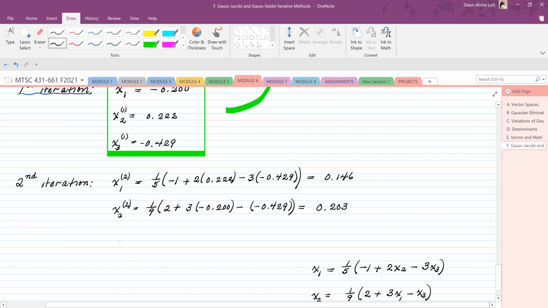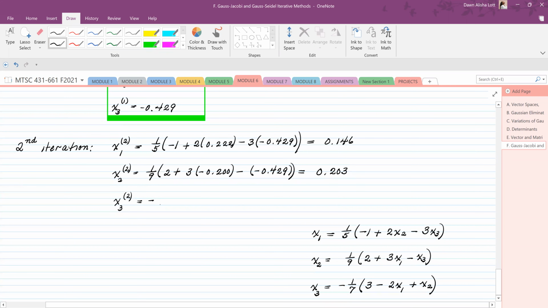And then x3 of the second one is negative 1/7 times 3 minus x1, which is negative 0.200, plus 2 times x2, and x2 was 0.222.